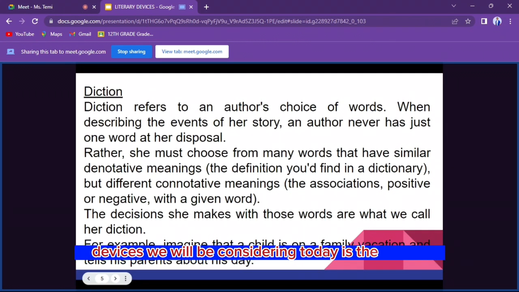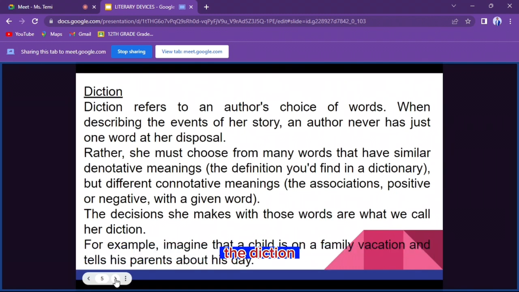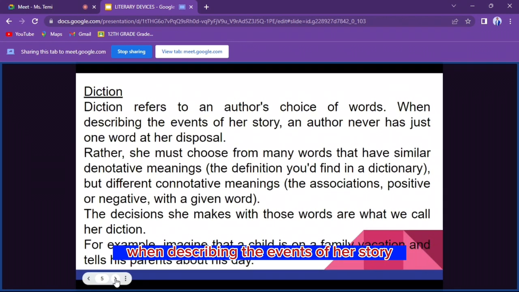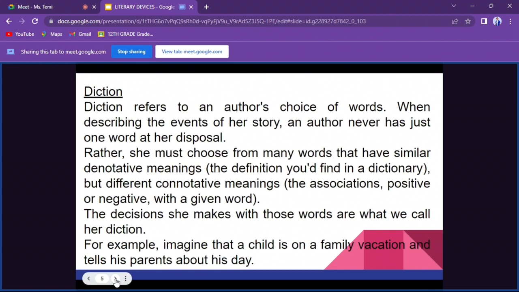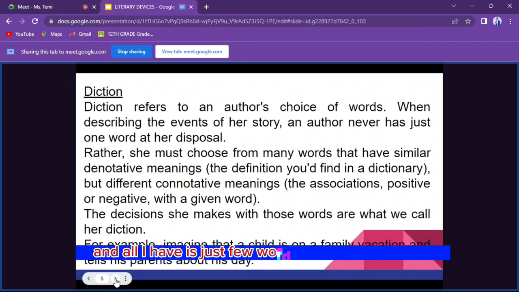literary device we'll be considering today is diction. Diction refers to an author's choice of words. When describing the events of a story, an author never has just one word at her disposal. That would be bad. Imagine I want to write a story and all I have is just a few words to express my mind.